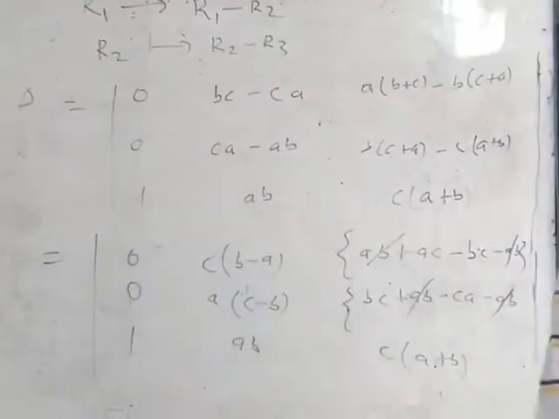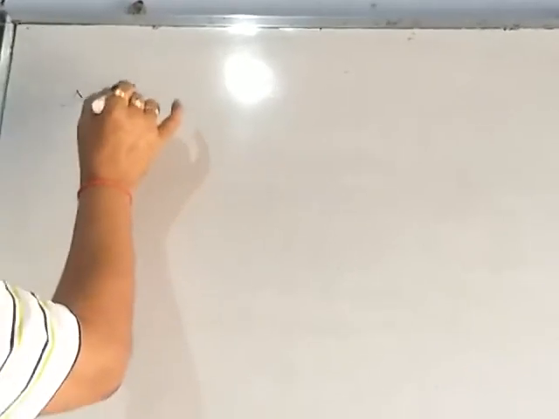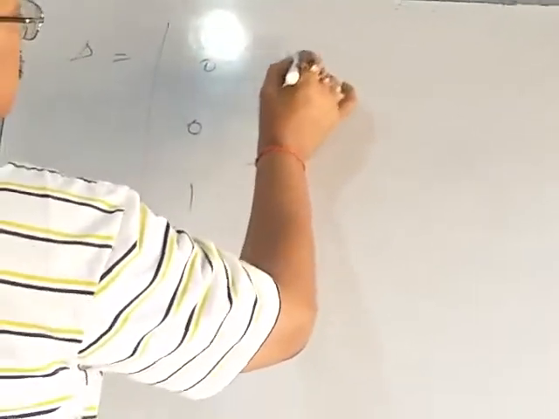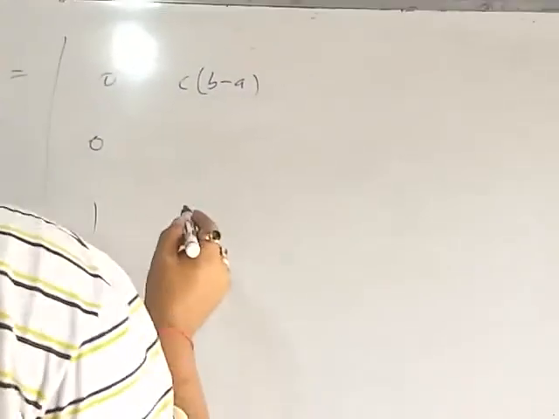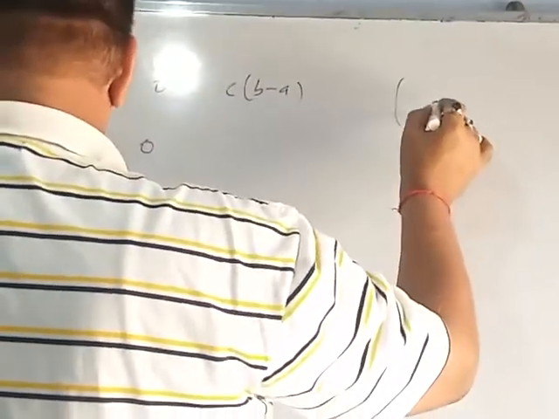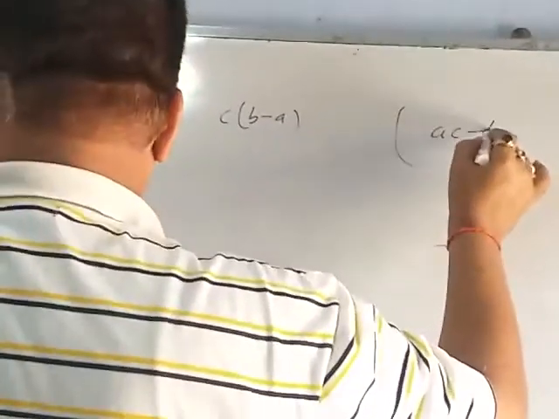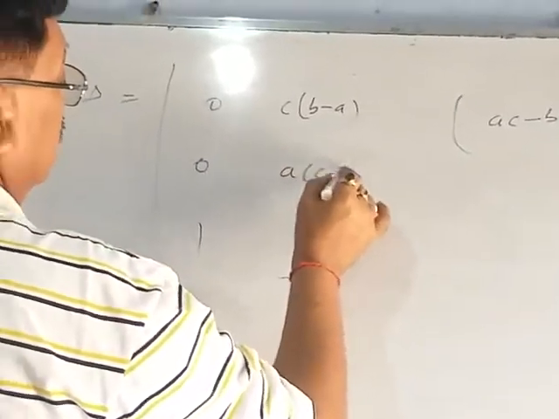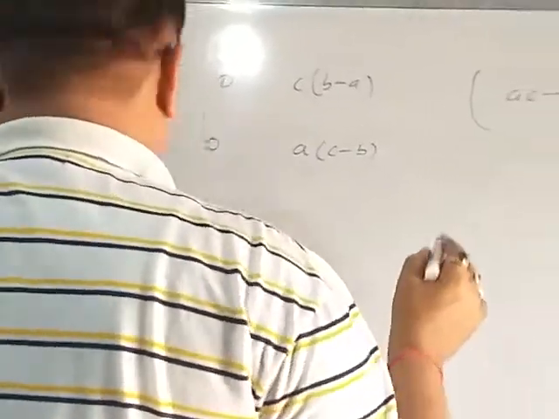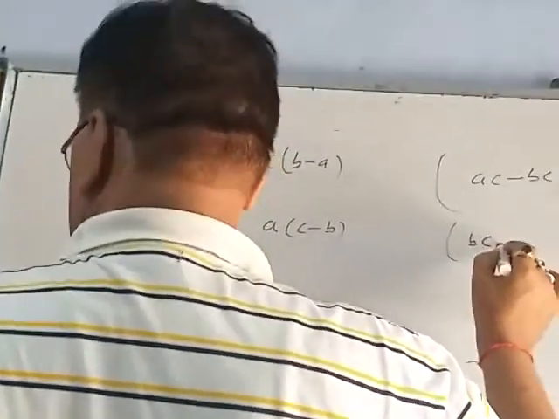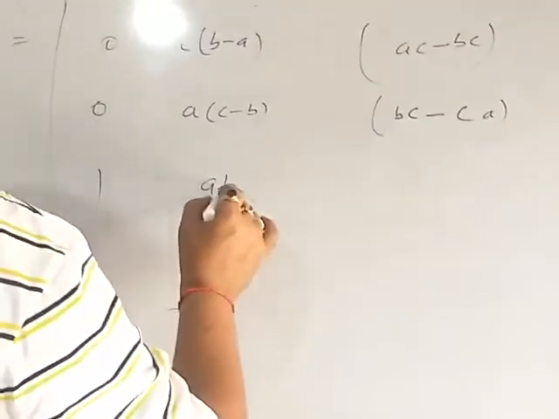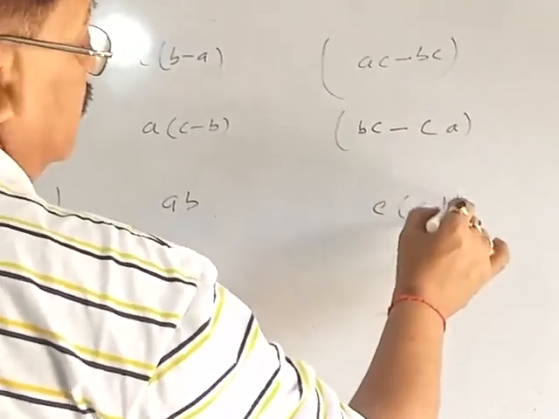Next step, the determinant is 0, 0, 1; C(B minus A), and here AC minus BC; and AC minus B, and BC minus CA; and AB, C(A plus B).